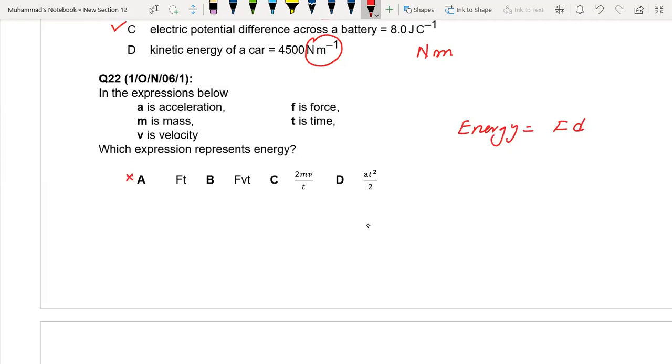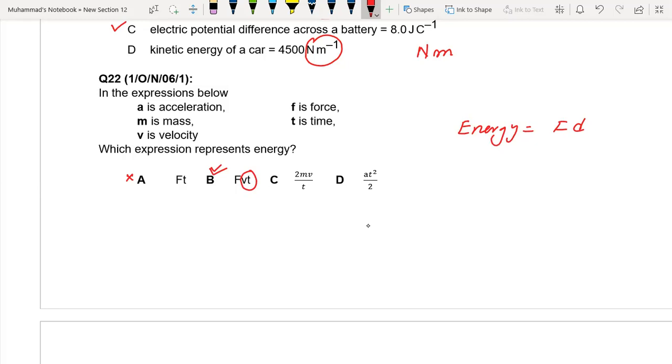Force times velocity into t: you know that velocity times t is displacement. So force times displacement is energy. There are two ways. You can put units of each expression and simplify. If you get the unit of energy, you have to pick that expression.